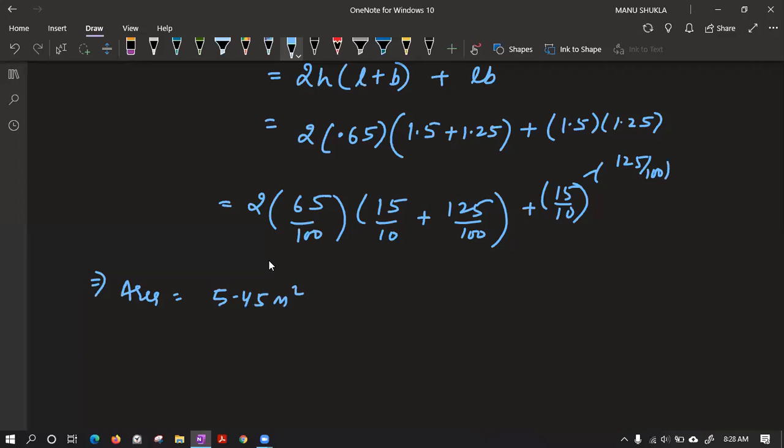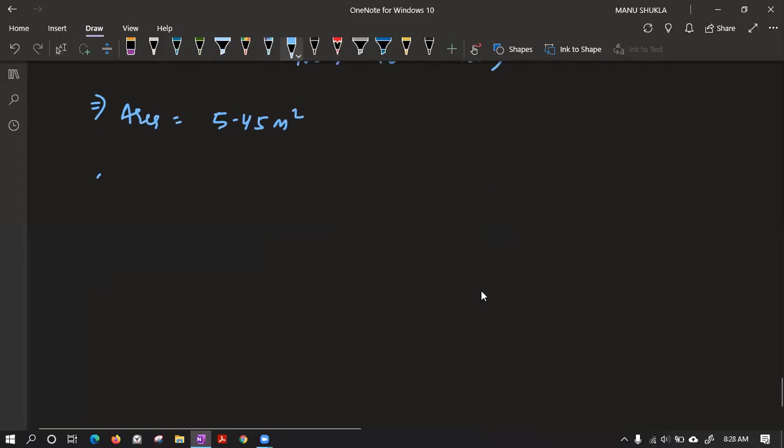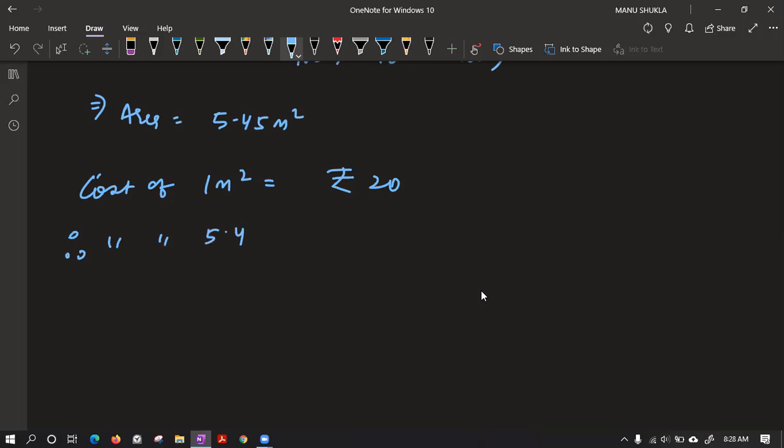Then for the next part, again the language will be simple. You will say cost of 1 meter square of something is given to you as rupees 20. So class, you will just write therefore cost of 5.45 meter square is equal to 5.45 into 20 rupees.